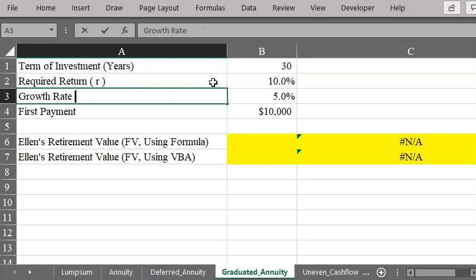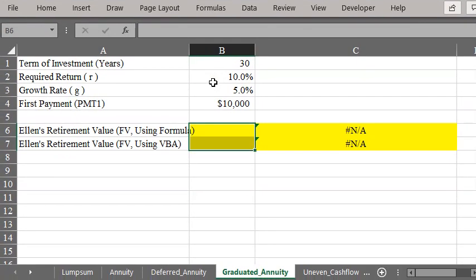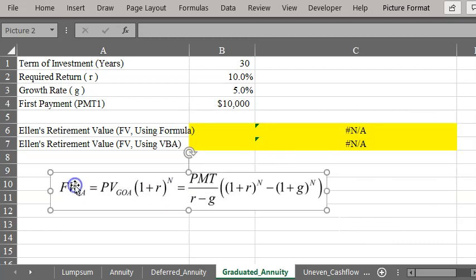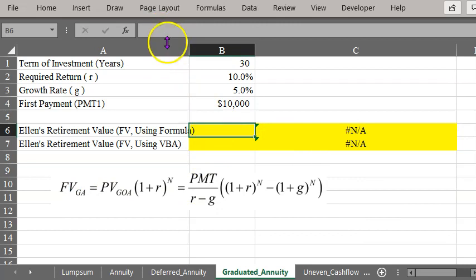Then this one is G, the growth of her payments. The formula that we are looking for is this formula. This is the future value of a growing annuity. Let me try to implement this formula.